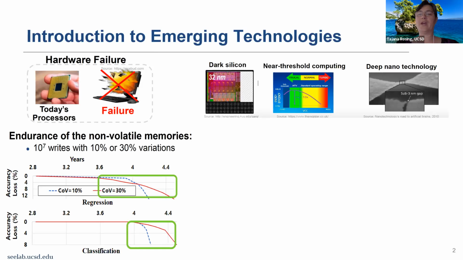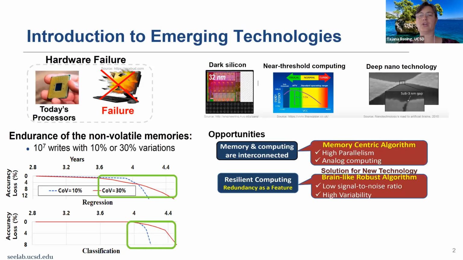So one of the ways to leverage this is to explore the opportunities at the interface between memory and computing, where we start thinking about designing algorithms that are a little bit more memory centric, that can leverage this high parallelism and maybe some ability to do analog-based compute.